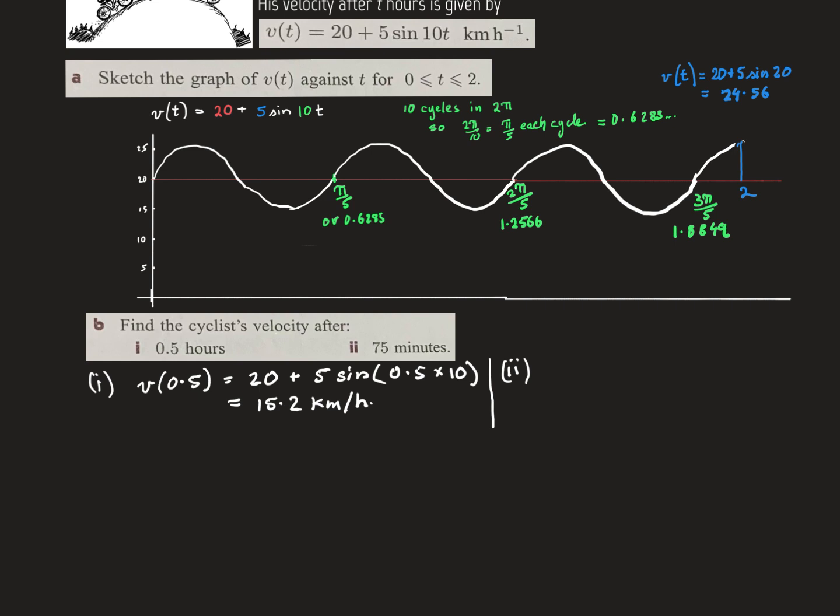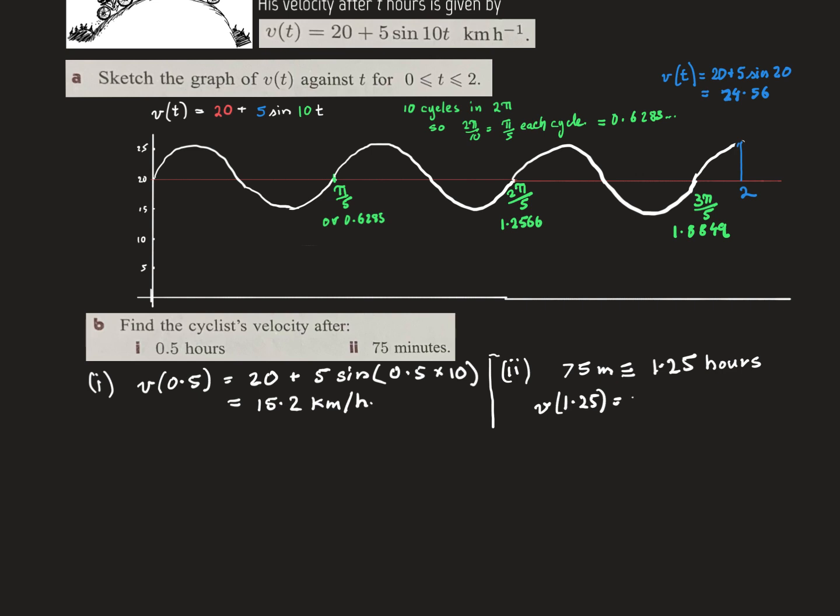To find the velocity after 75 minutes, we need to first of all change 75 minutes into hours, and that'll be approximately 1.25 hours. And now we do the same thing by just substituting 1.25 hours into our velocity equation.